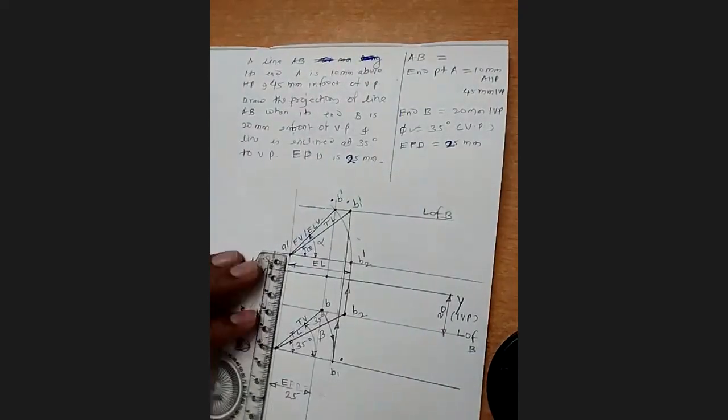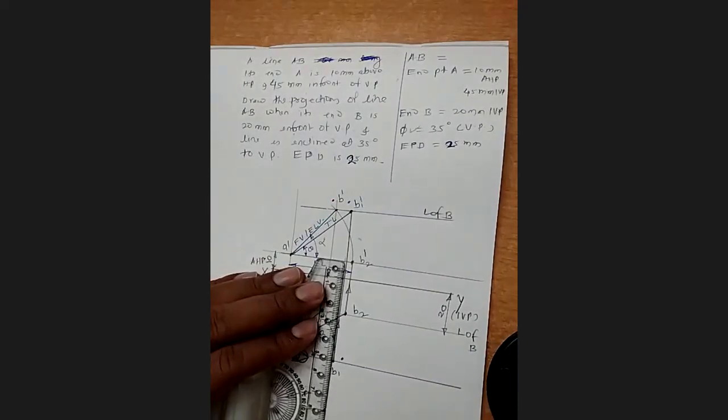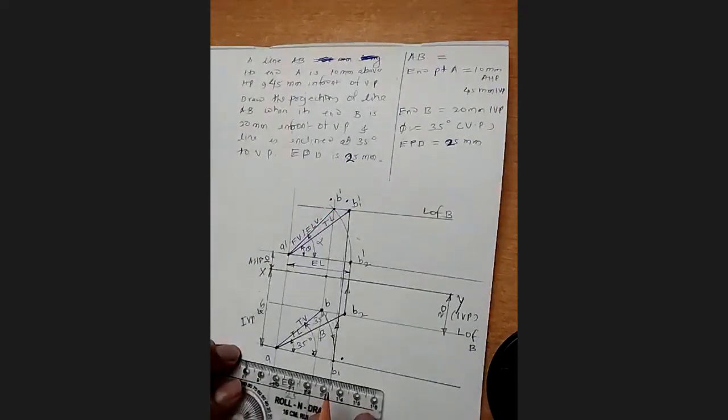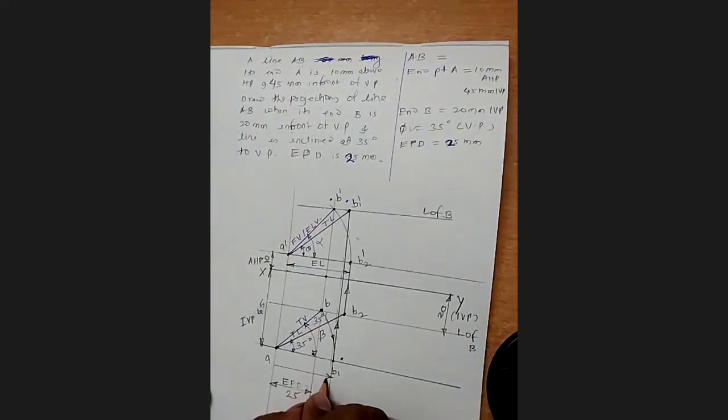Now here, how can you summarize your plan length? You just see whatever the distance you get between A to B1 is nothing but your plan length, right? This is what you got here by taking the arc.